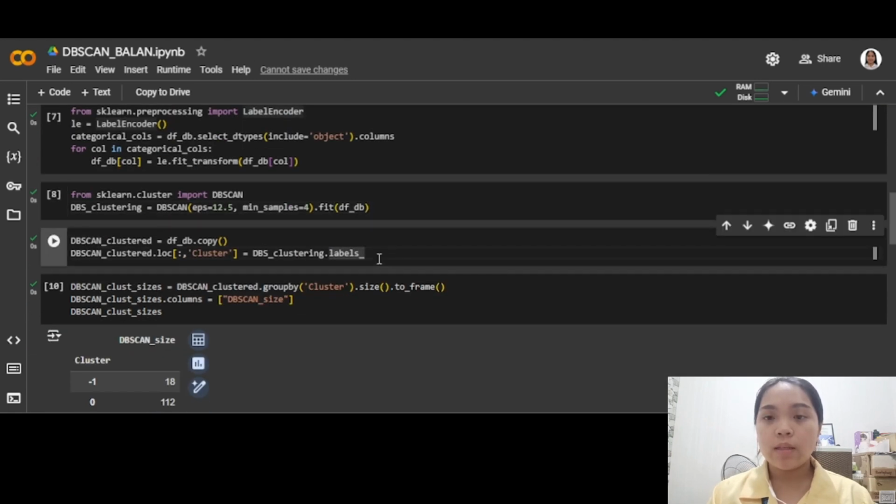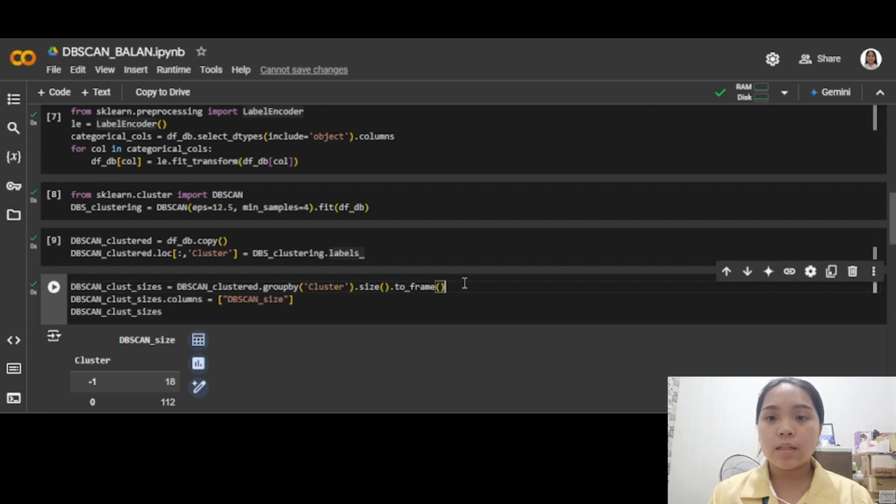So next, these two lines of code create a copy of the original data frame and add a new column representing the cluster assignments generated by the DBSCAN algorithm. So this allows for further analysis and visualization of the clusters without modifying the original data.